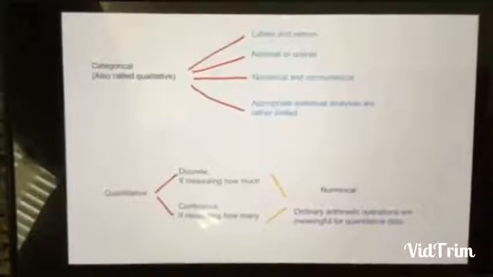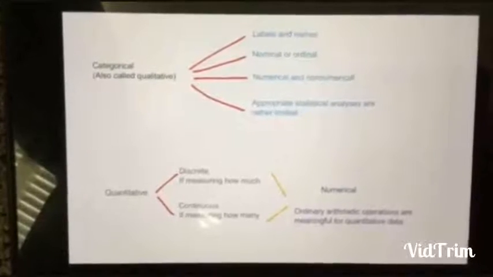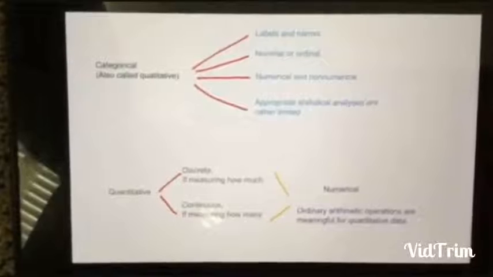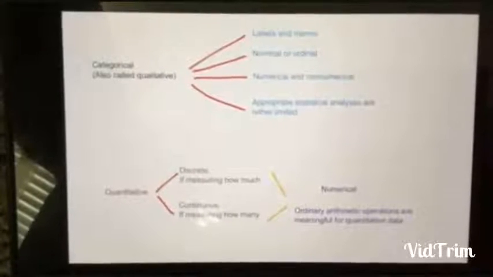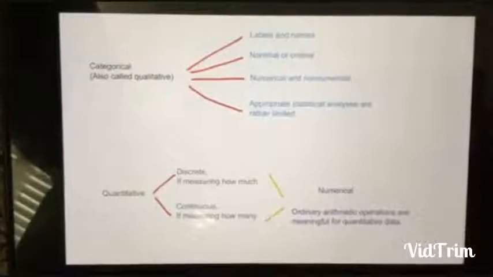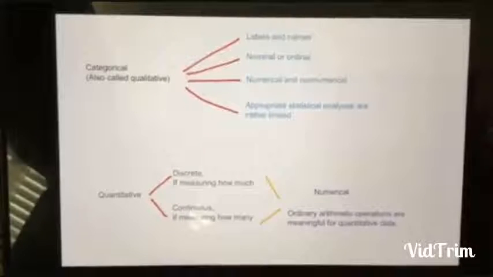And for quantitative data, you measure how many for discrete data, while you measure how much for continuous data. Both types of data are numerical, and ordinary arithmetic operations are meaningful for quantitative data.